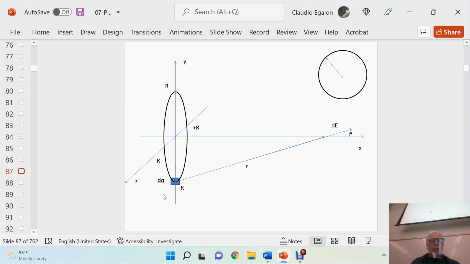The contribution of this infinitesimal charge here, this lower place, should be minus r, okay? Here should be minus r as well.